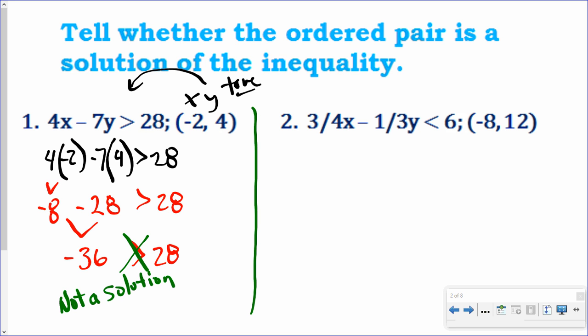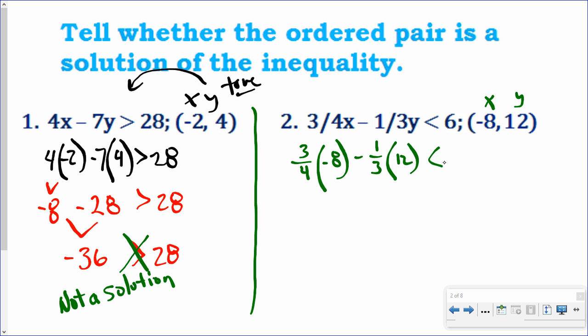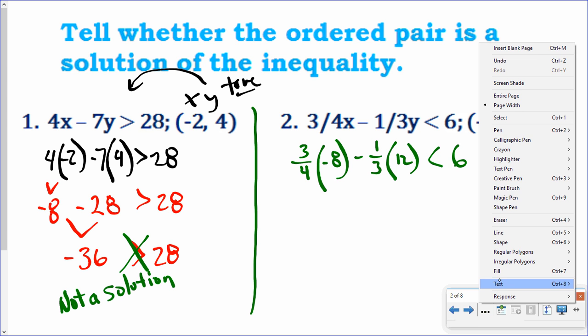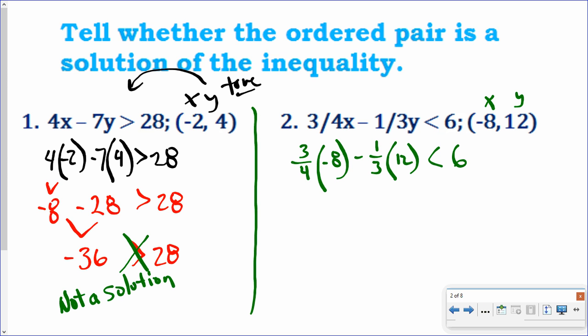Now we're going to move on to the other side. Let's try this ordered pair. We've got our x and our y value here. We get 3/4 times -8, and then we'll subtract 1/3 times 12. And when I do the math here, oops, actually I got to make sure that it's less than 6. So now when I do the math, 3/4 of -8 is going to be a -6.